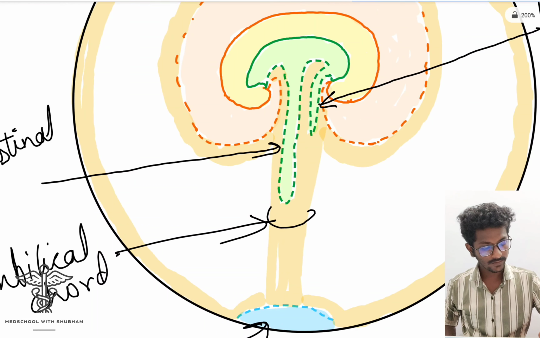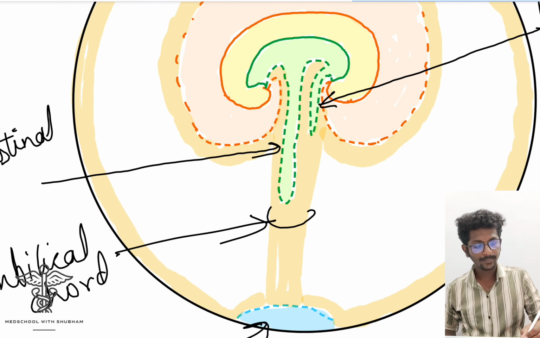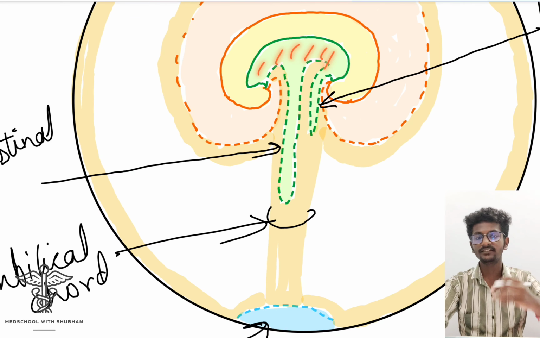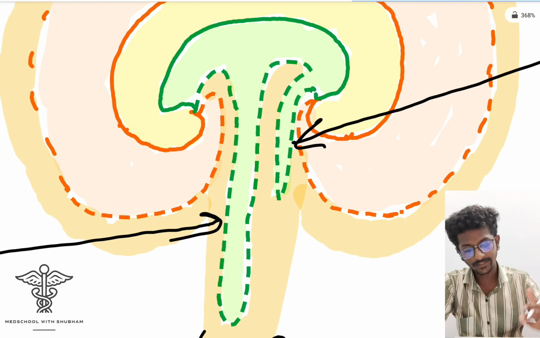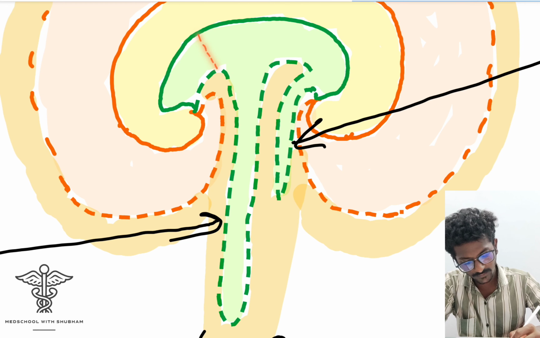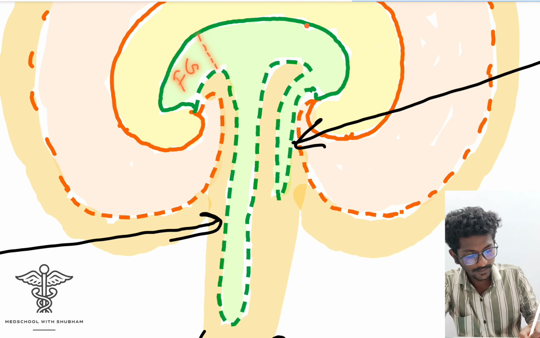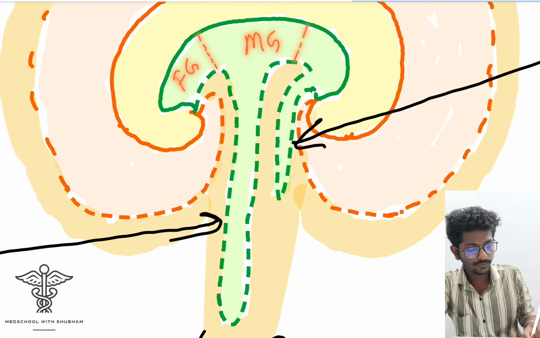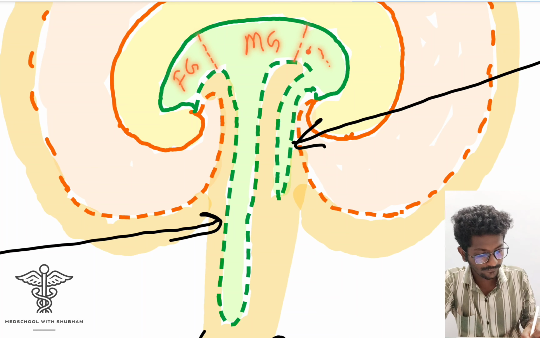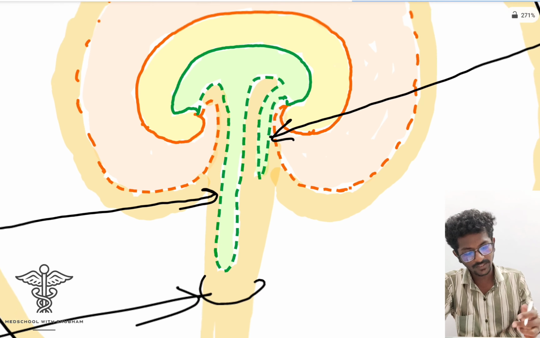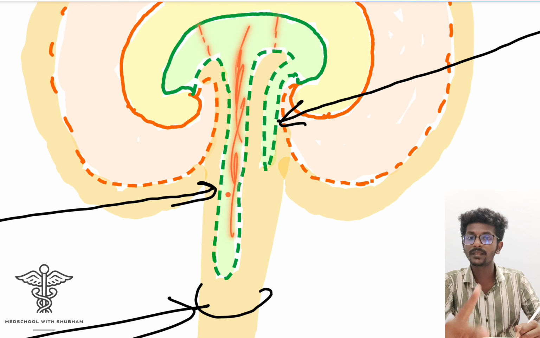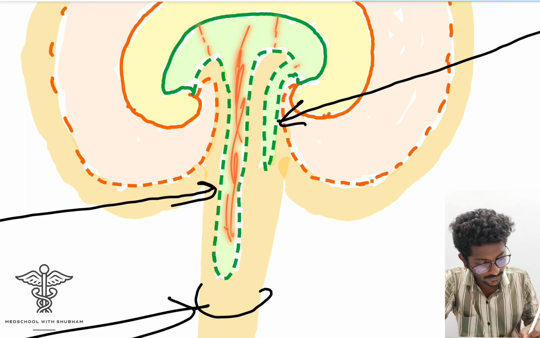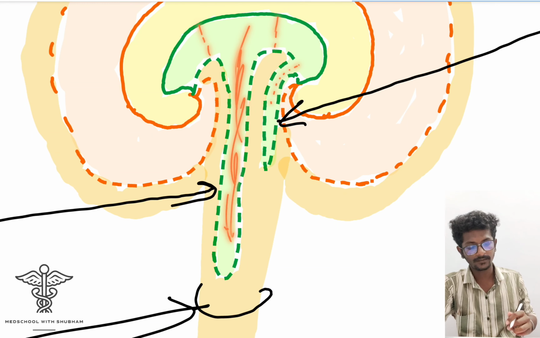Now one more thing. As I said, this primary yolk sac is going to form the gastrointestinal tract, and it is also called the gut. So now the gut is further divided into three parts. The first initial part is the foregut, the middle part is the midgut, and the posterior part is the hindgut. So from this you can notice that the vitellointestinal duct arises from the midgut part and the allantois arises from the hindgut part.